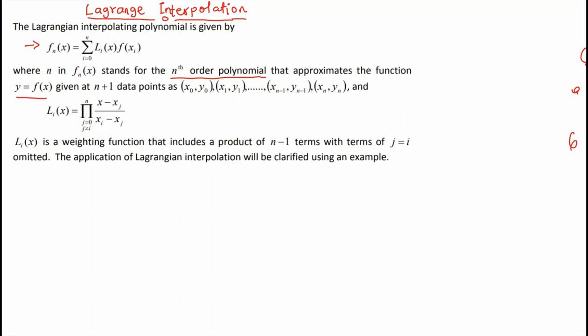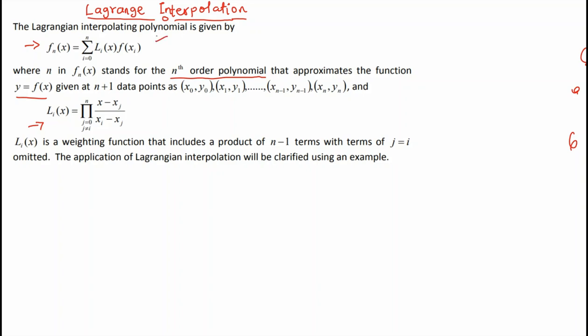And then Li of x, which is a weighing function, is given as the product of x minus xj over xi minus xj from j equals 0 to n, where j cannot be equal to i.